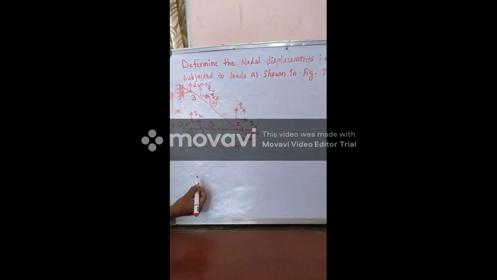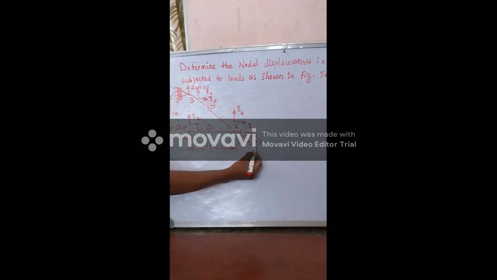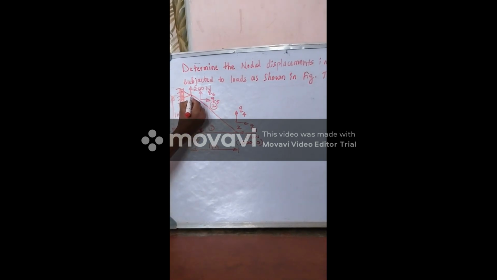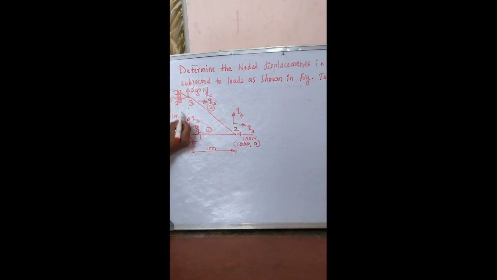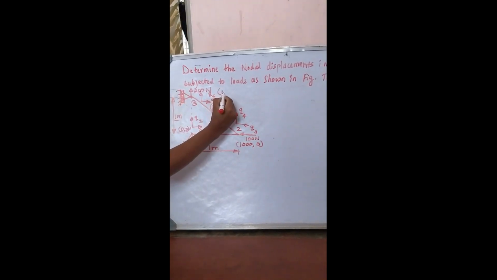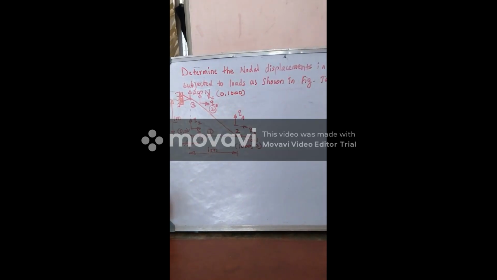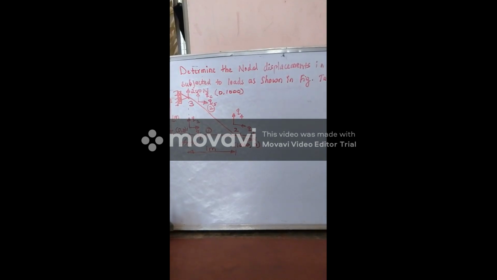I will represent that in mm, 1000. Y distance is 0. So node 2 coordinates will be 1000, 0, and node 3 coordinates are, x coordinate is 0 and y coordinate is 1 meter. So node 3 coordinates will be 0, 1000.